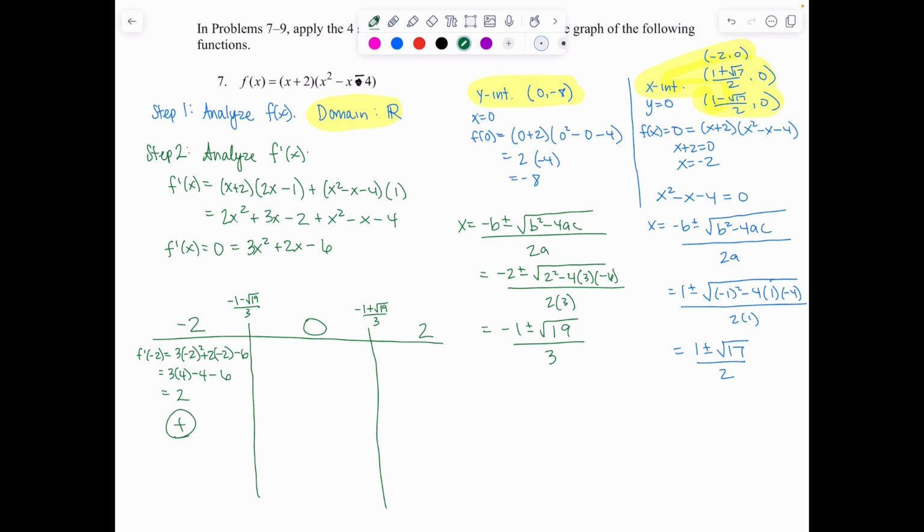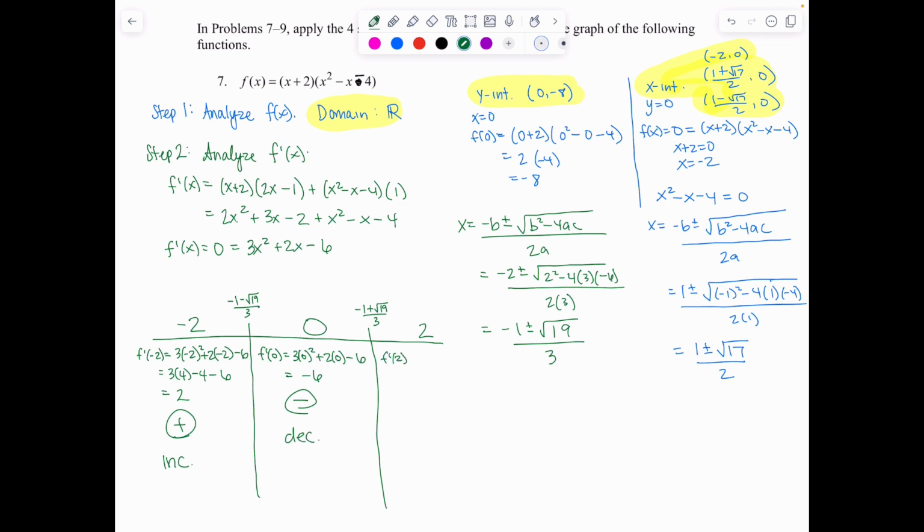This is positive, so we have increasing. Our derivative at 0, 3 times 0 squared plus 2 times 0 minus 6 gives us negative 6, so it's negative, so decreasing.